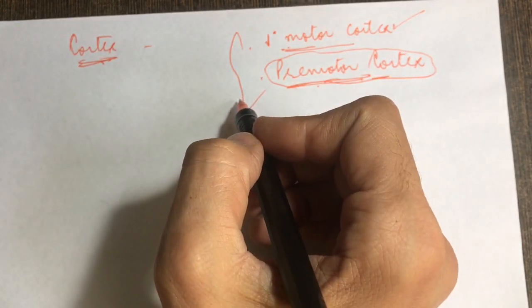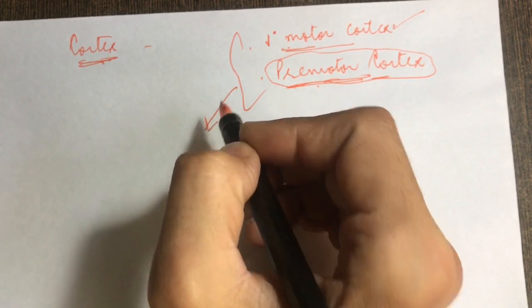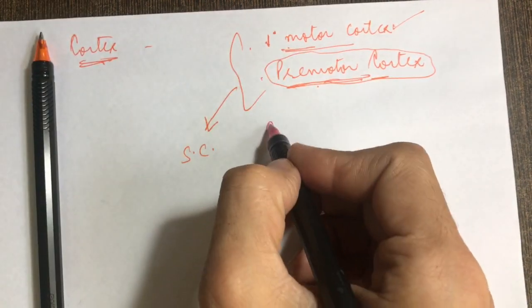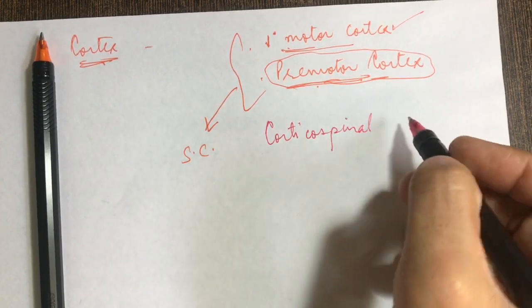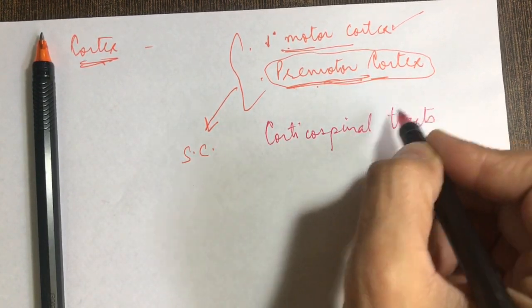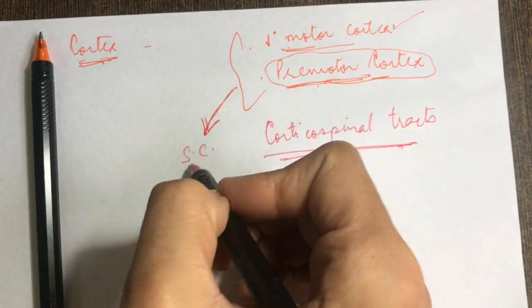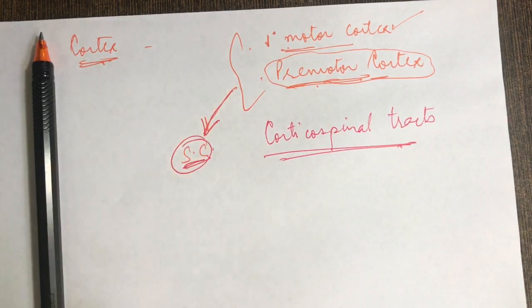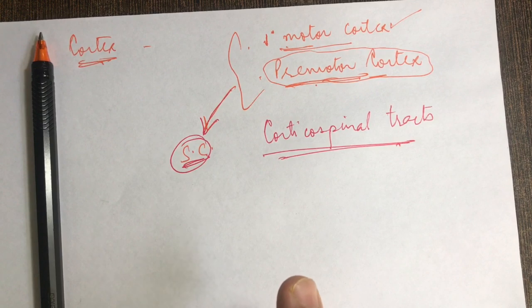All these areas communicate directly with the spinal cord through the corticospinal tract. And not only do they go directly to the spinal cord, they also regulate motor tracts that originate in the brainstem. In the brainstem, the medial descending and the lateral descending pathways were originating, right?